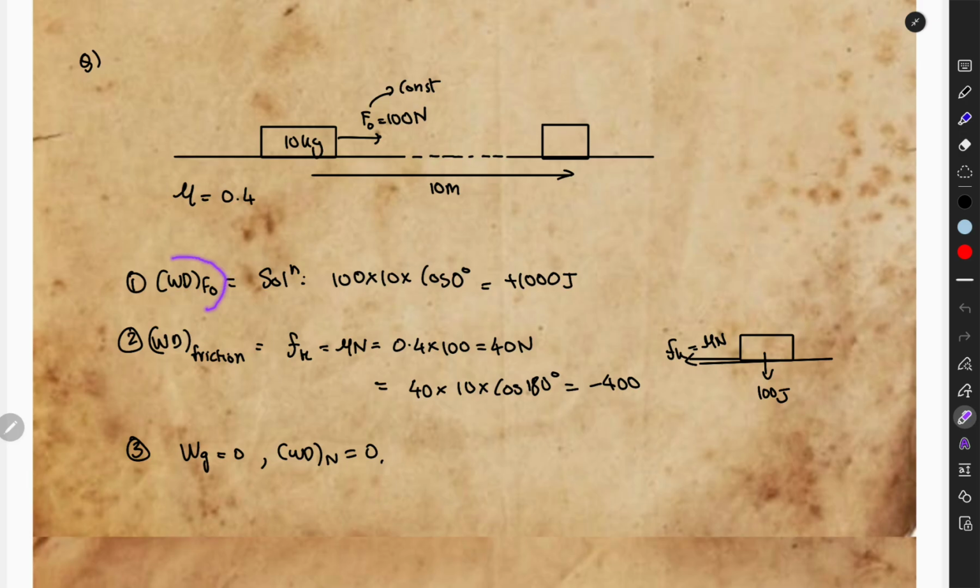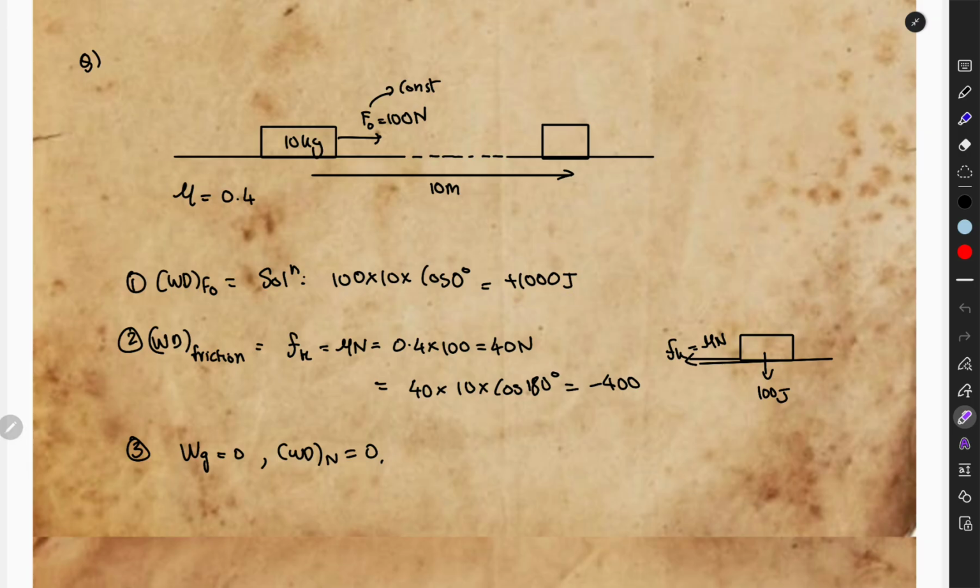Work done by F naught is 100 newton multiplied by the distance traveled, which is 10 meters, multiplied by cos of the angle between the force and the displacement, which is of course 0 in this case, because force and displacement are in the same direction. So the answer will be 1000 joules.